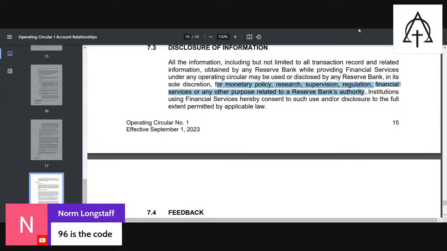And again, I want to reiterate, this is for a reserve currency and not a national currency. Understand that? Institutions using financial services hereby consent to such use and or disclosure to the full extent permitted by applicable law.